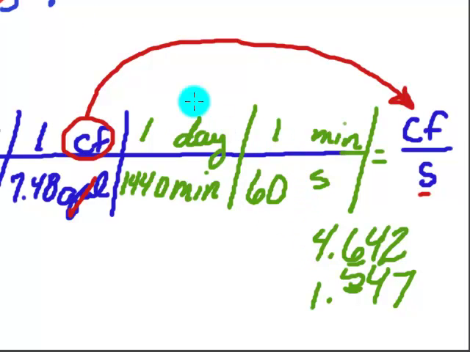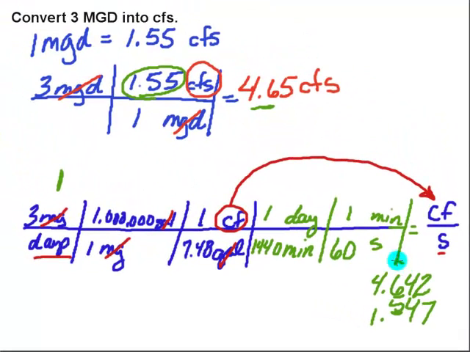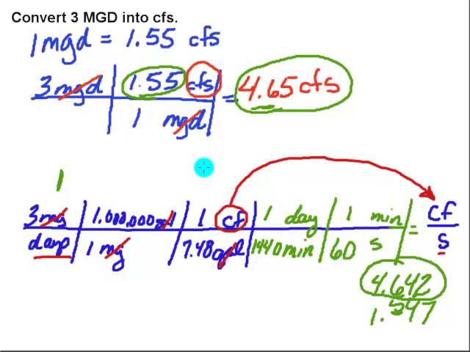So, we got a slightly different answer down here than we did at the top, but they are more or less equal to one another. So 4.65 CFS.